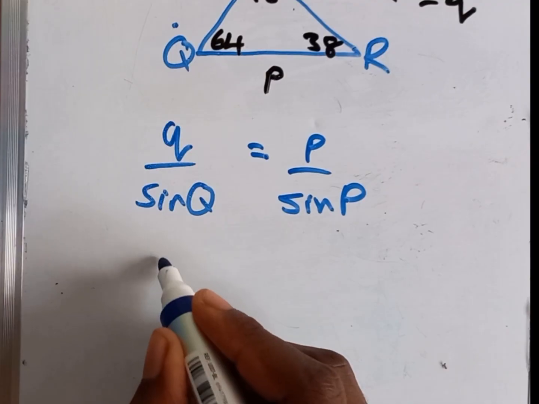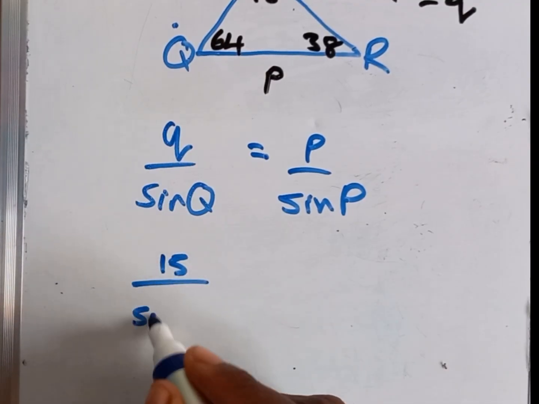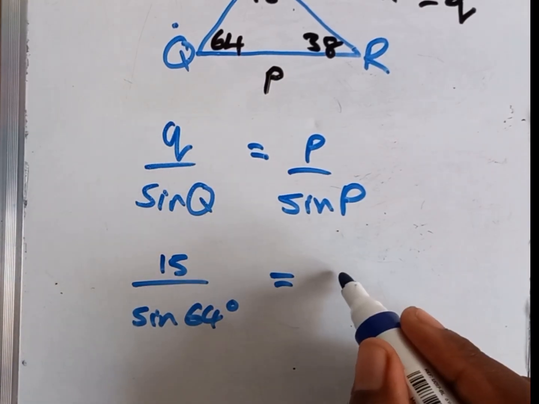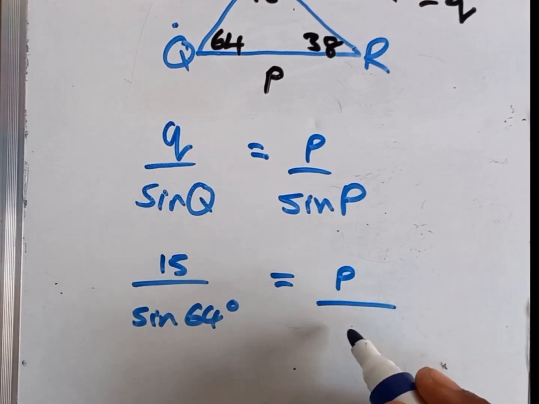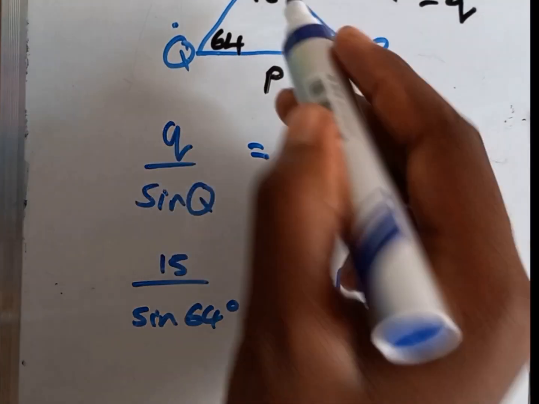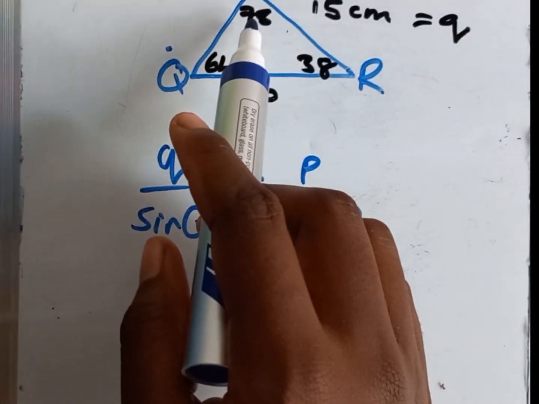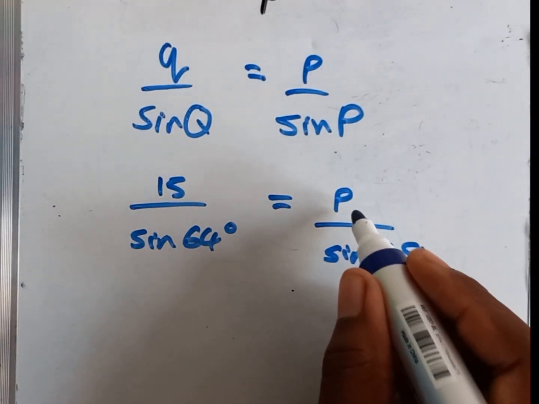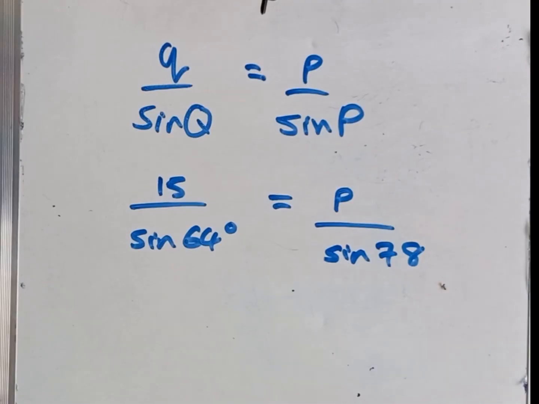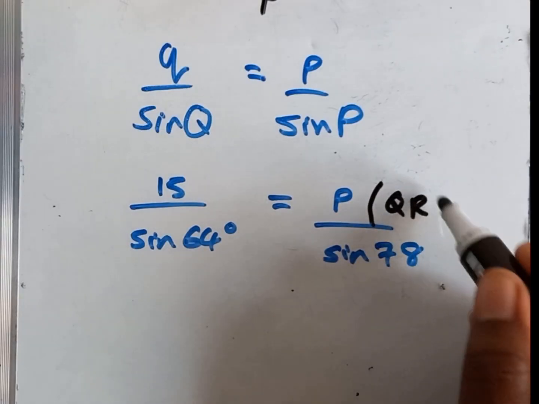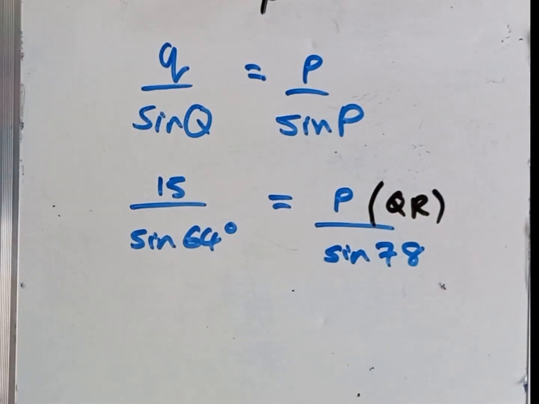Our q is 15 over sine 64 degrees, which is equal to p, our unknown variable, over sine 78, which is the value of our angle P. So you can substitute this. Let me also write QR so that you won't be confused.